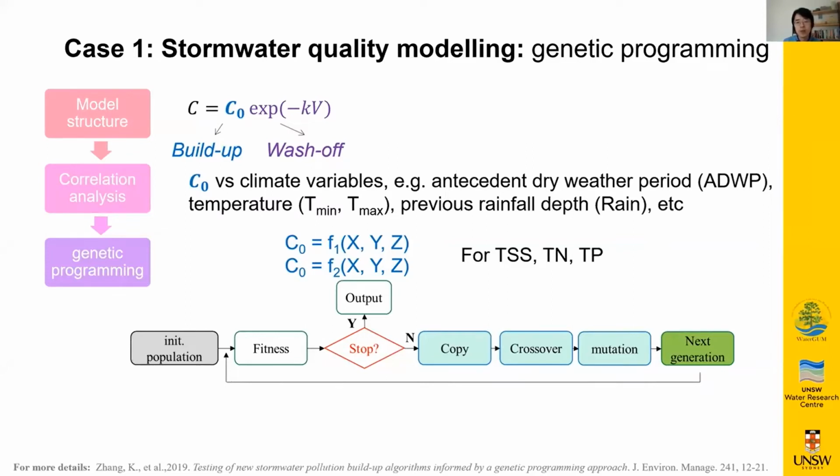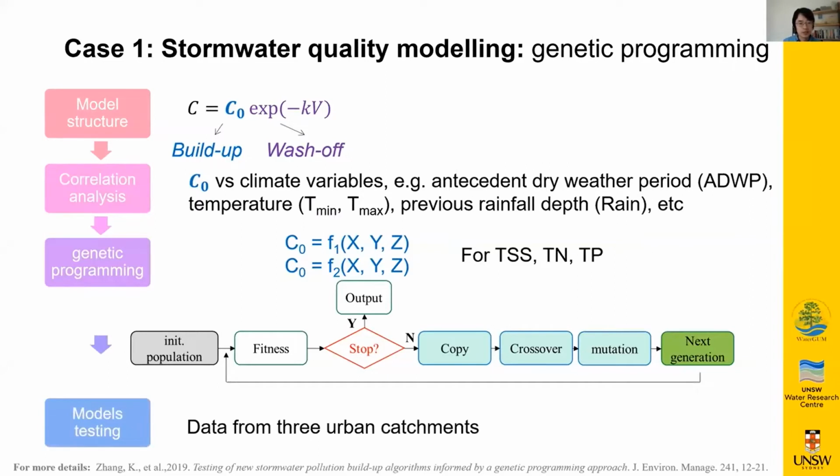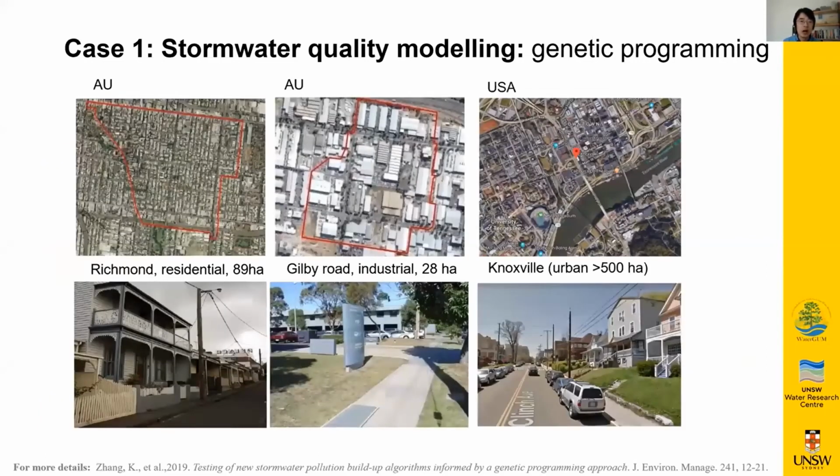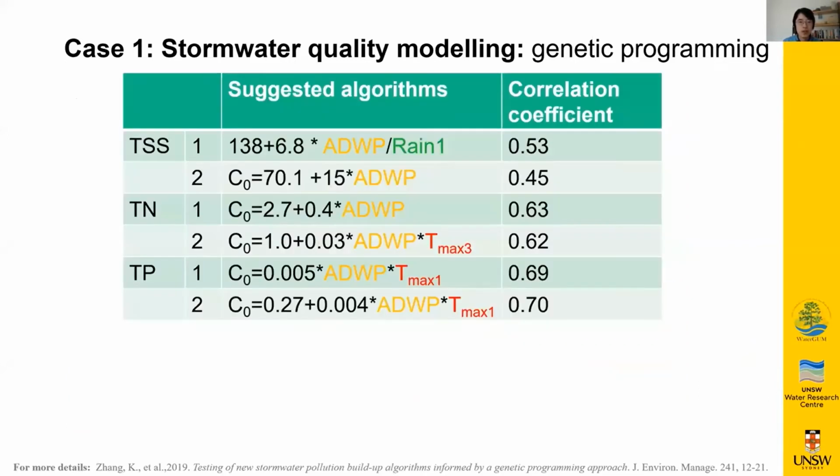Then you go through copy, crossover, and mutation of those algorithms until it generates the next generation, and then goes back to fitness assessment. With multiple iterations, you can finally find algorithms that you are happy with, with very good fitness. Of course, we used data from different urban catchments, both in Australia and in the US, including residential, urban, and industrial catchments.